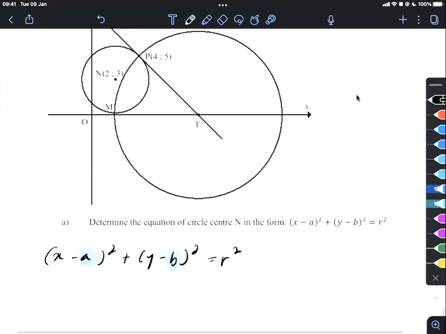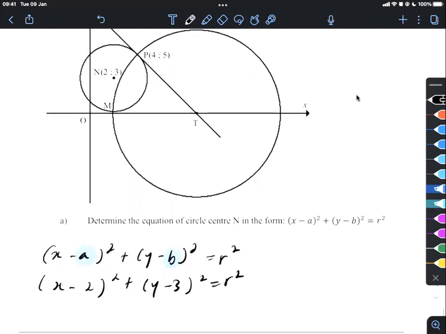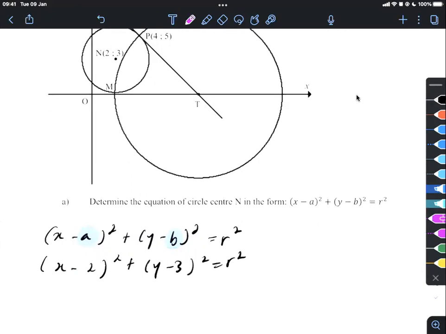Remember, a and b are the coordinates of the center, which is (2, 3). So we just place 2 and 3 there, and we'll be good to go. That will be (x minus 2) squared plus (y minus 3) squared equals r squared.